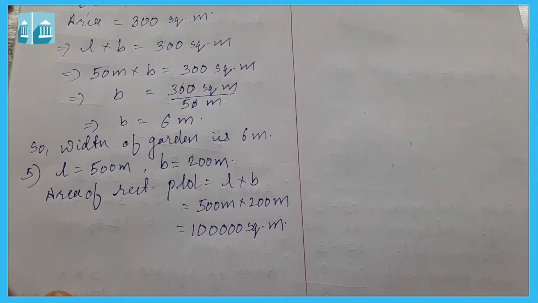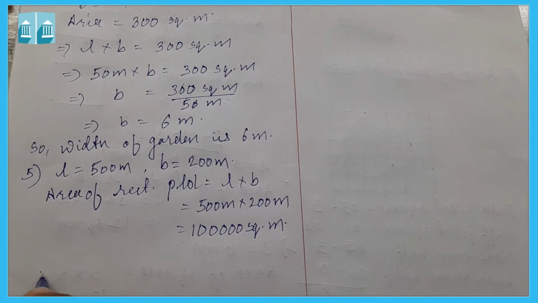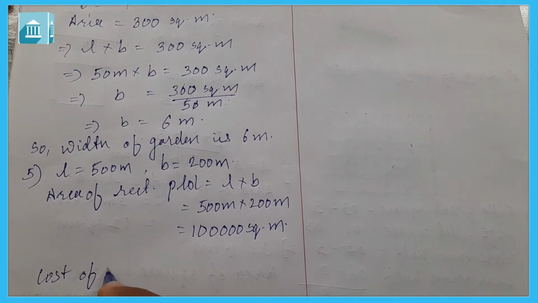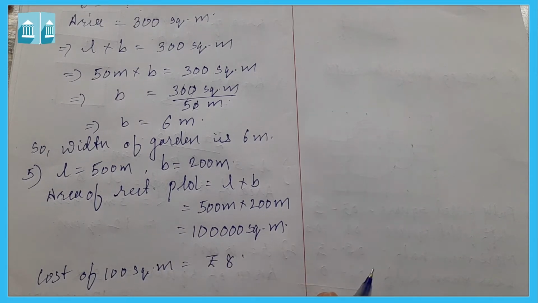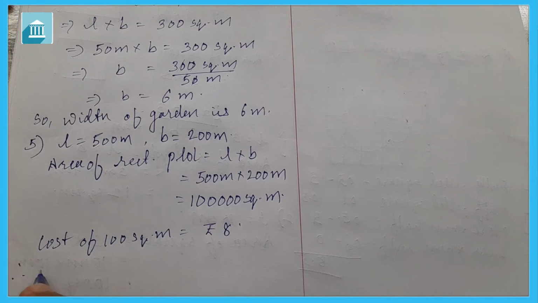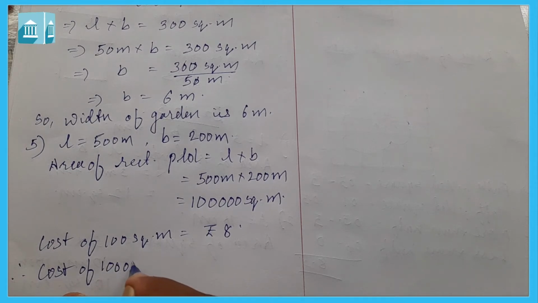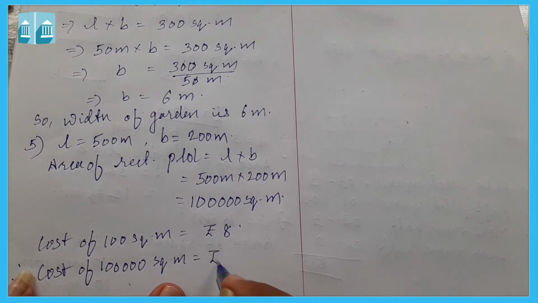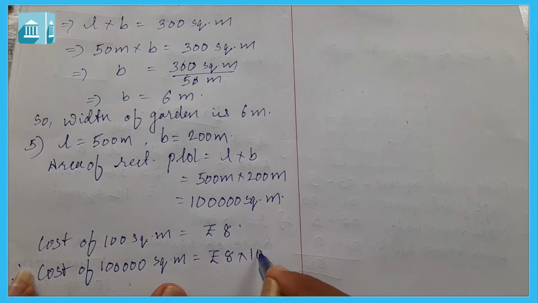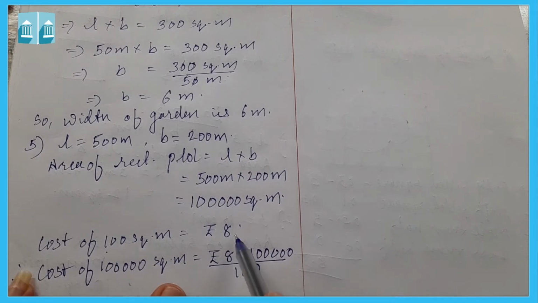Now it is given that the rate is 8 per 100 square meter, so the cost of 100 square meter is rupees 8, and therefore the cost of 100,000 square meter is rupees 8 into 1 lakh upon 100, because for 100 it is 8.